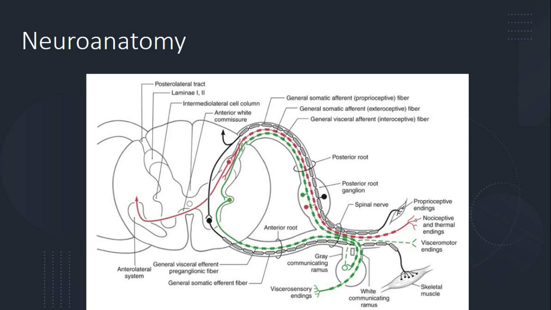Nociceptive and thermal endings, which mainly carry pinprick, pain and thermal sensation, go into the dorsal column but cross to the other side of the spinal cord and extend upward as the anterolateral system or spinothalamic tract.